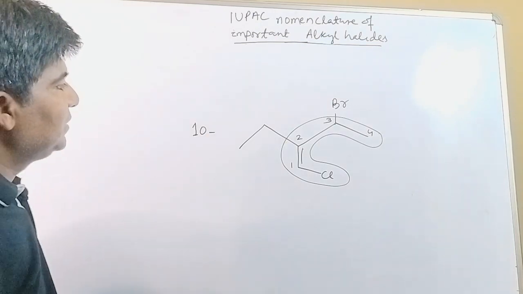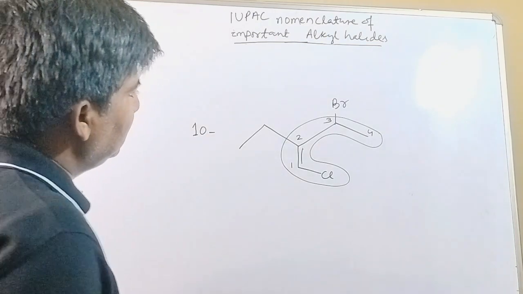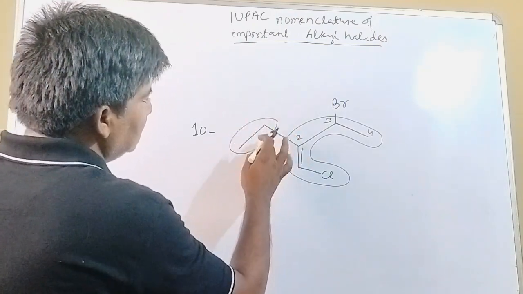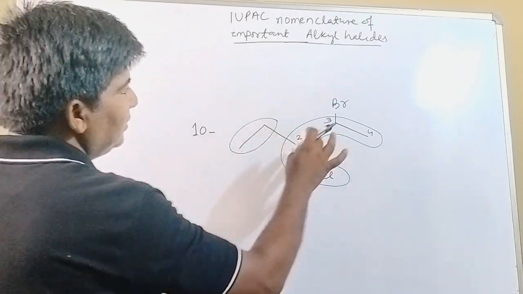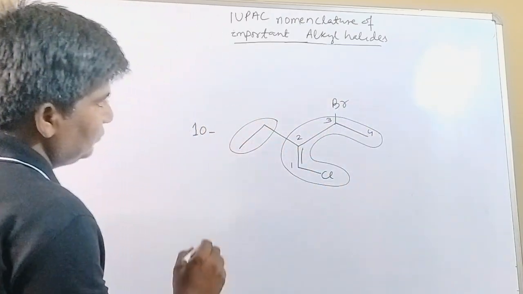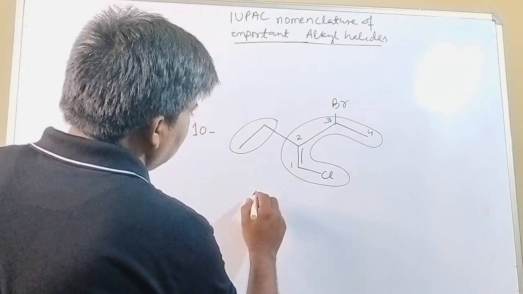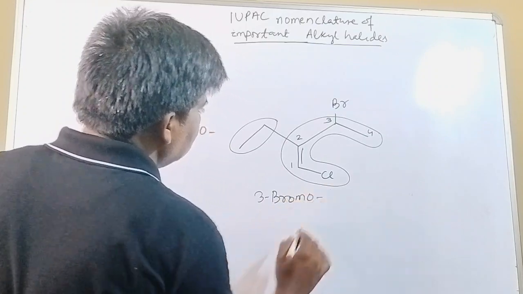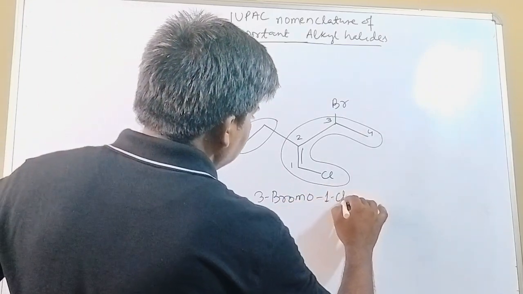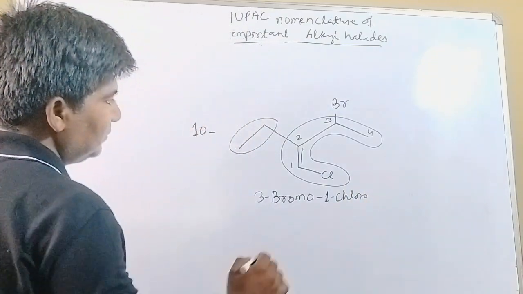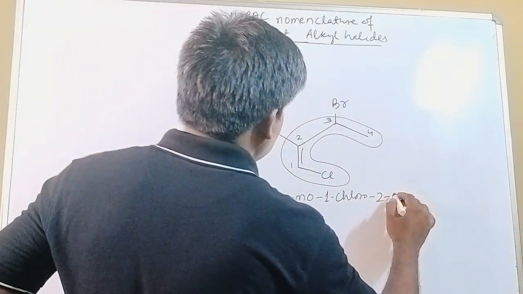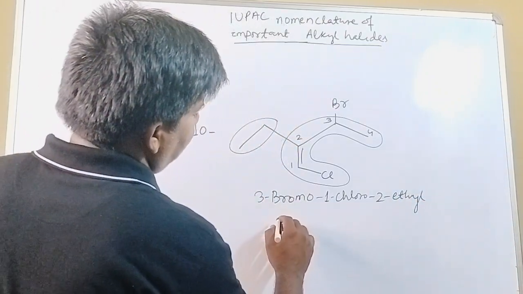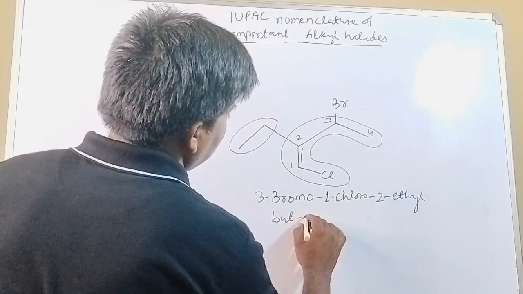So this is a substituted butene. And the substituents are ethyl, CH2CH3, that's why it is ethyl, bromo and chloro. So we should write bromo first. So it is 3-bromo, 1-chloro, writing in alphabetical order, and 2-ethyl, but-1-ene.